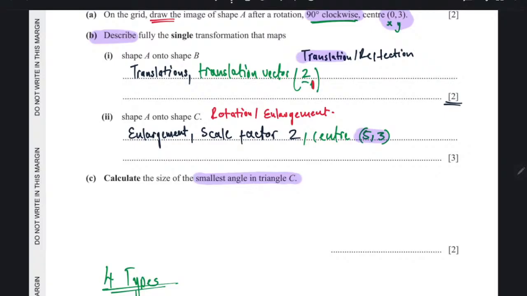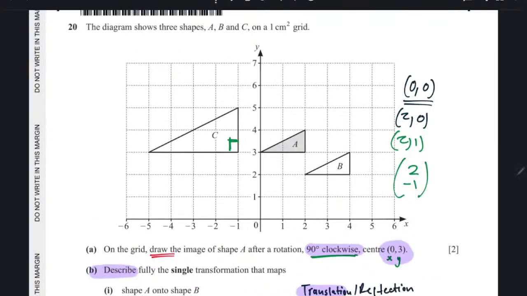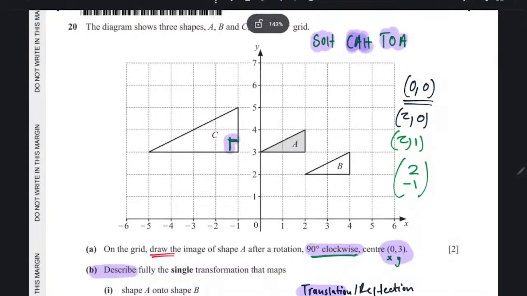The moment you see the word angle and you see a right angled triangle, then you go and write the word SOHCAHTOA. If they ask you to find an angle, or if they give you an angle on a right angled triangle, write the word SOHCAHTOA first. There are many different types of questions they can give you. Once you see a right angled triangle and you see there is an angle involved, write the word SOHCAHTOA.